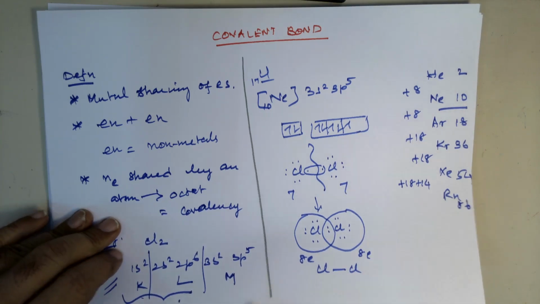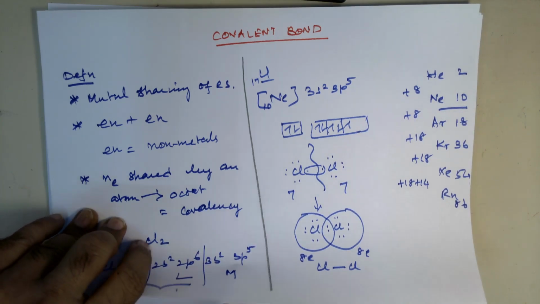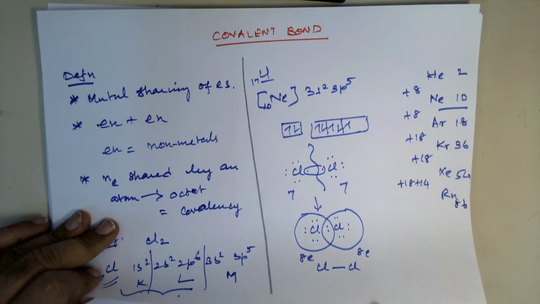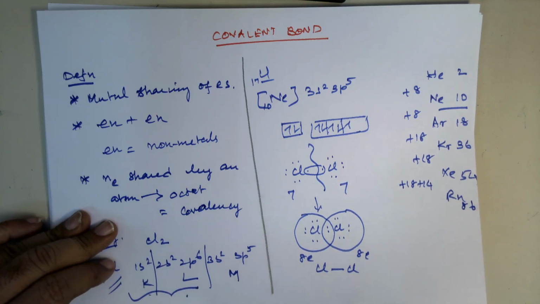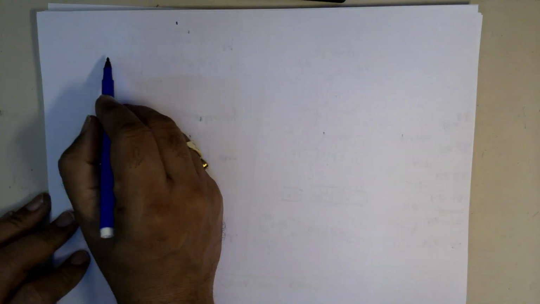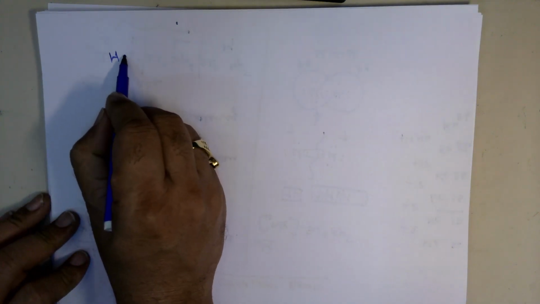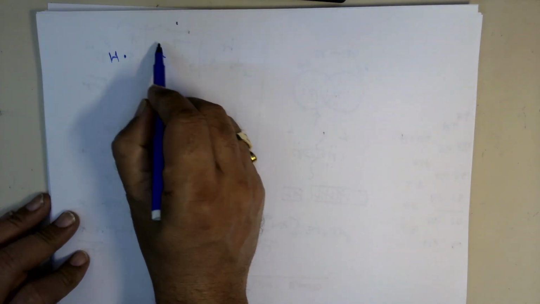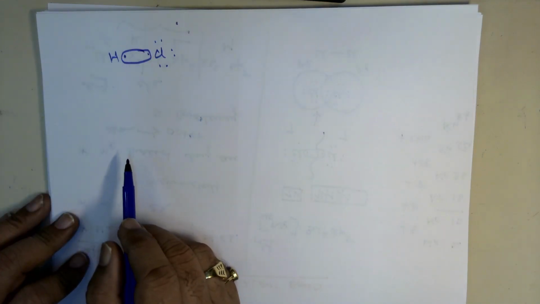Okay, right. Now let us consider one chlorine and one hydrogen in the case of hydrogen chloride. So let us make it like this. H has 1. What about chlorine? 2, 4, 6, 7. So they can combine and form a bond also.